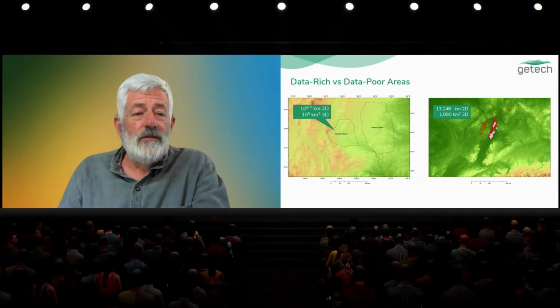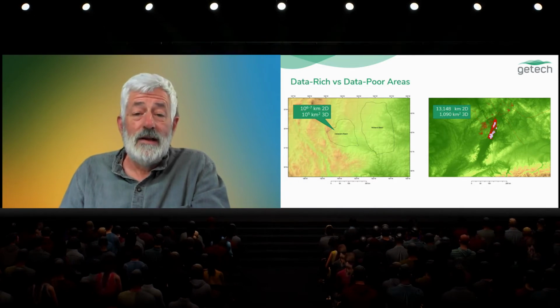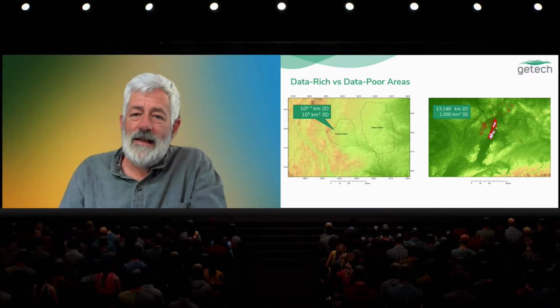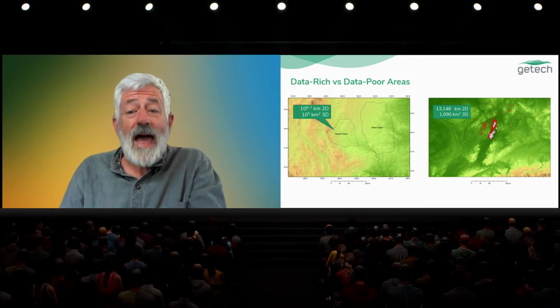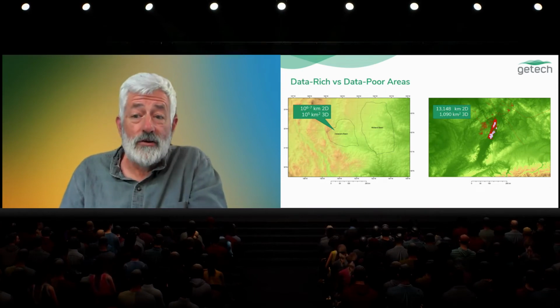In the Delaware Basin, you've got millions of kilometers of 2D and probably tens of thousands of square kilometers of 3D that blanket the landscape ubiquitously. Whereas in the other part of the world, we've got 13,000 kilometers of 2D and only a little bit more than 1,000 of 3D. And all of that is focused in one tiny part of the whole territory.